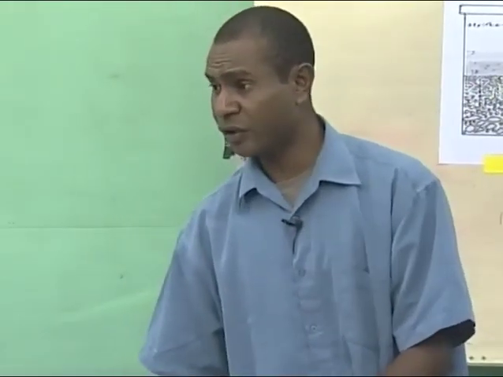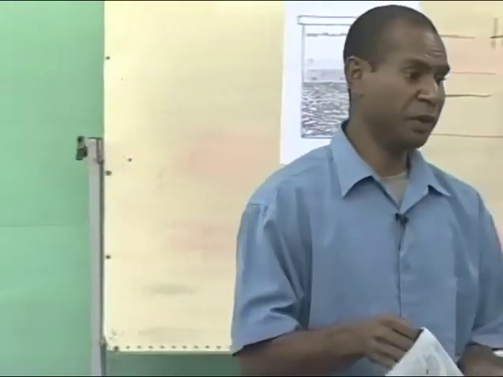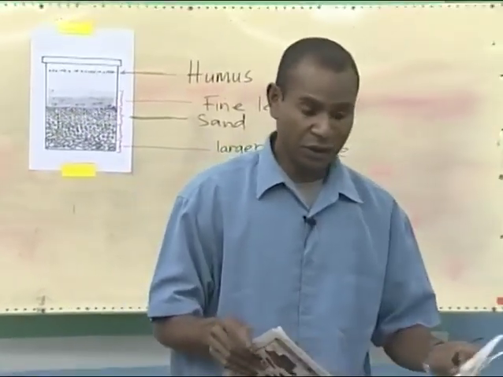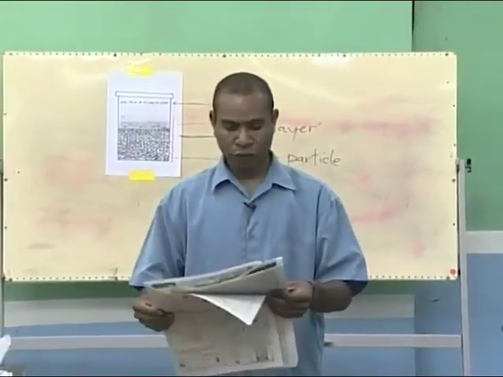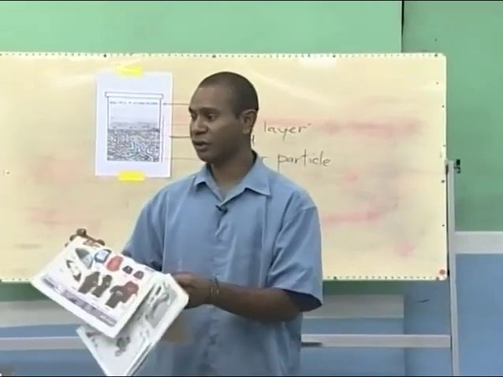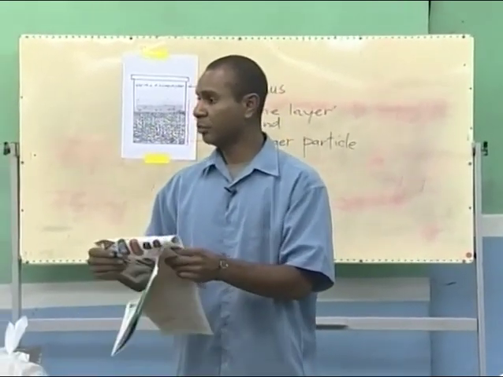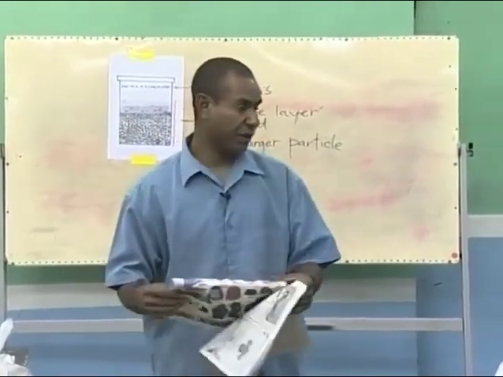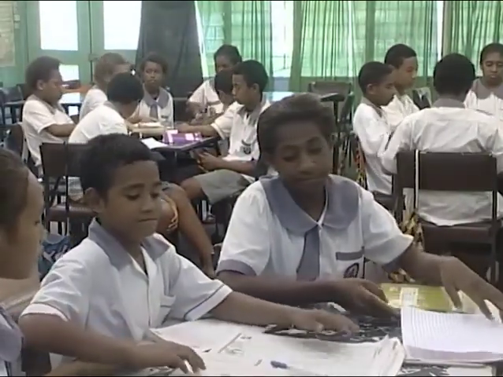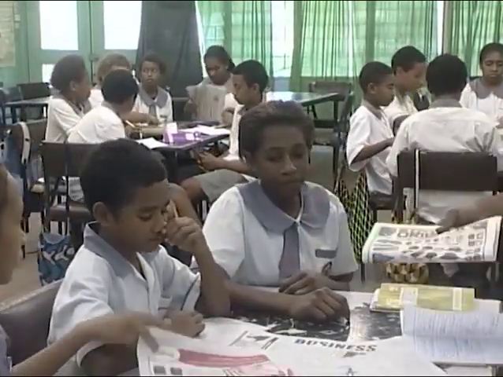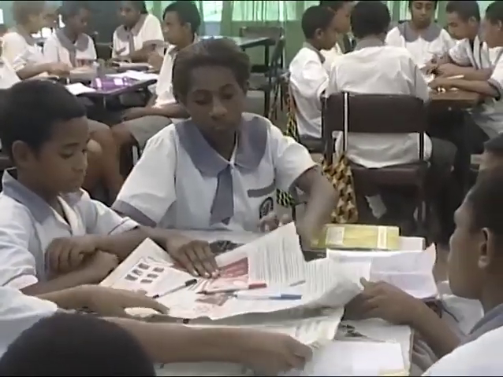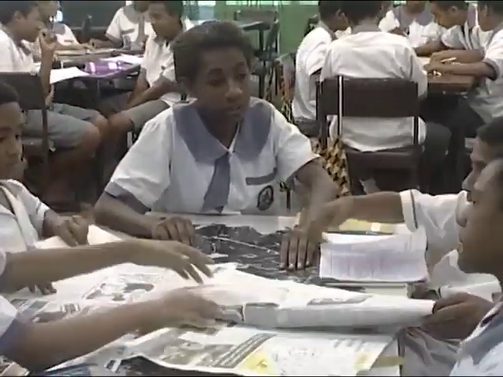You need a newspaper. You have 3 newspapers placed on your desk. So each of these 3 will be used to place your soil on. Make a group of 3. One newspaper for each type of soil.